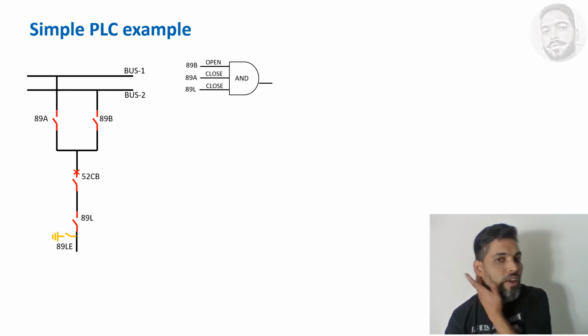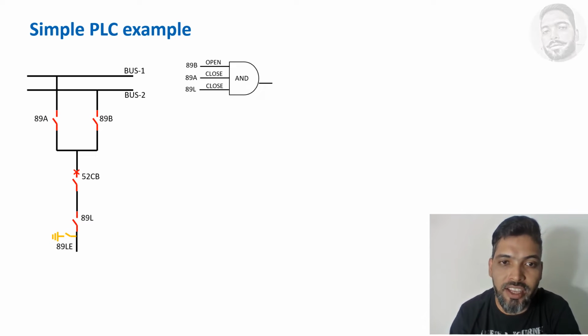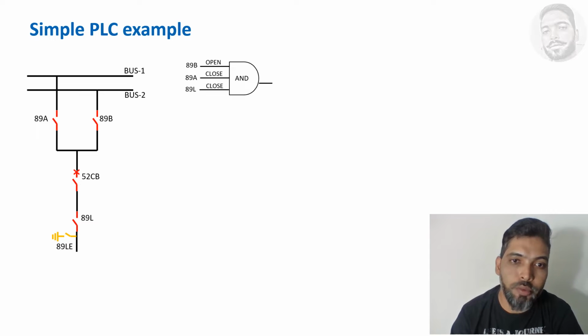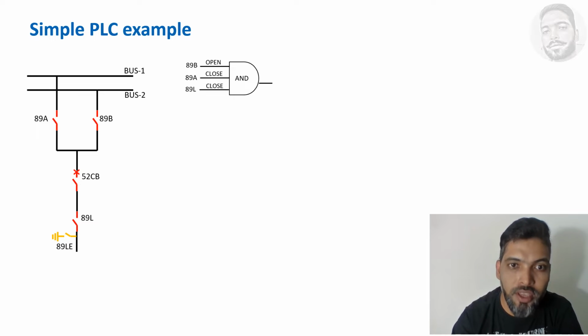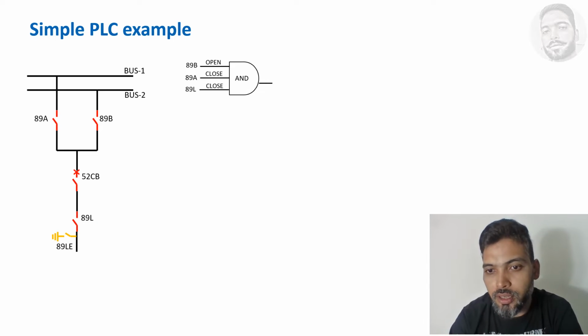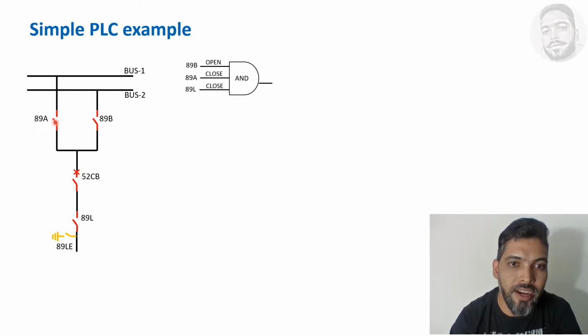Now I have an AND gate here. 89B should be open, 89A should be closed, 89L should be closed. I'll use a laser pointer here, so it will be very easy. 89A should be closed, 89B should be open, 89L should be closed.